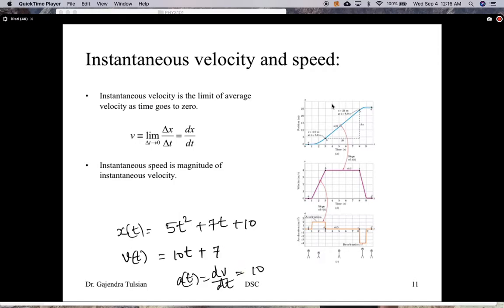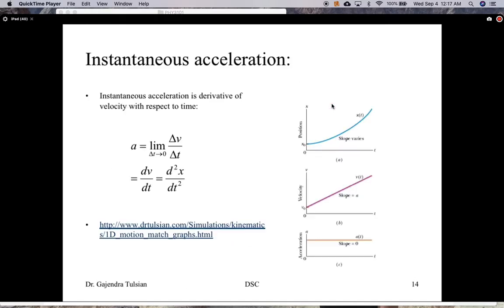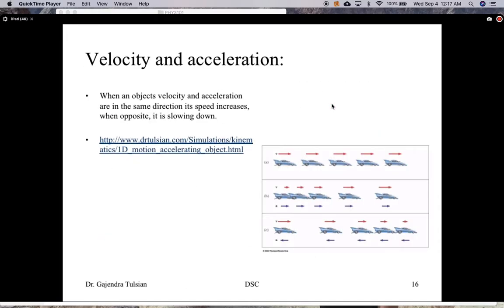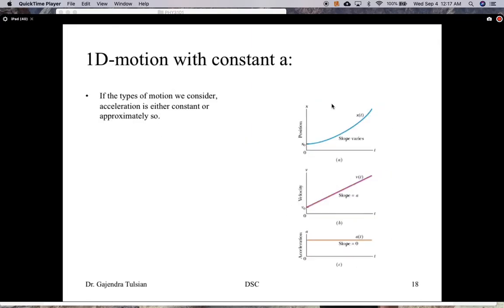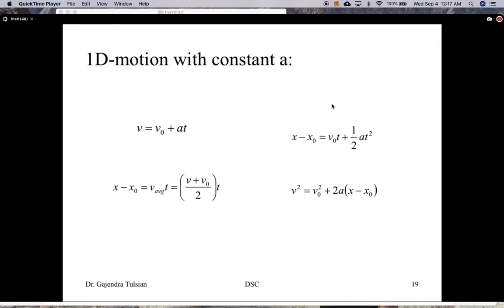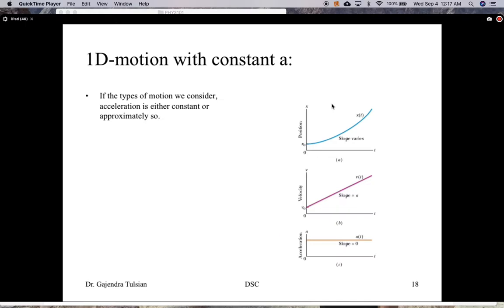This is just a made-up example, but that's always true. So we'll mostly be studying motion with constant acceleration. Acceleration is constant, velocity is a linear function of time, and position is a quadratic function of time.